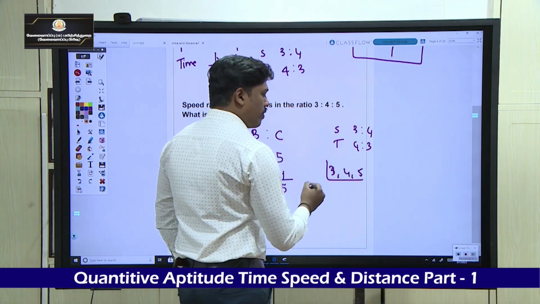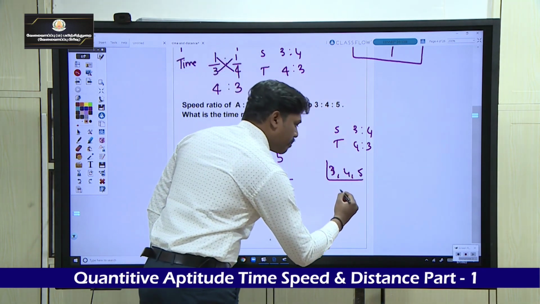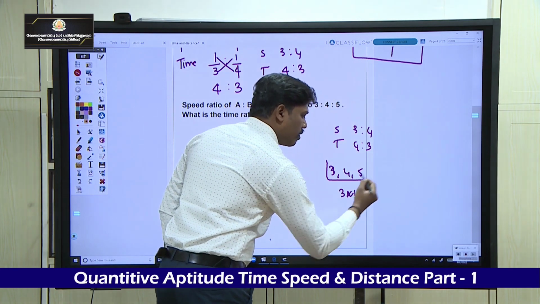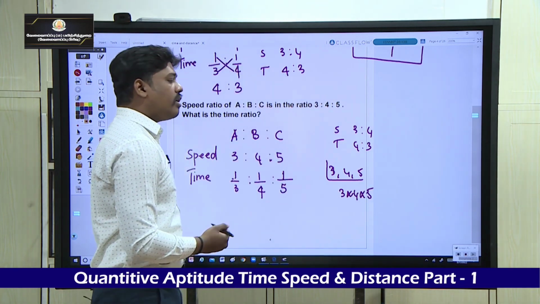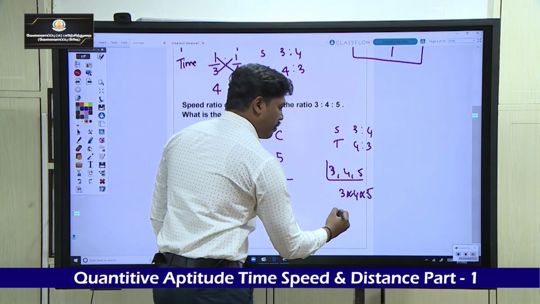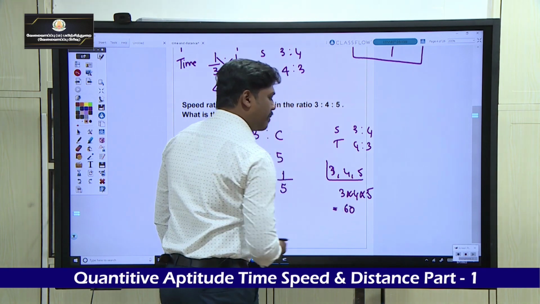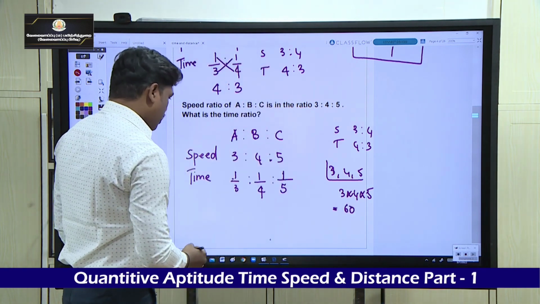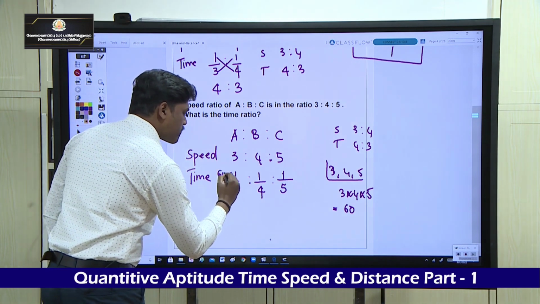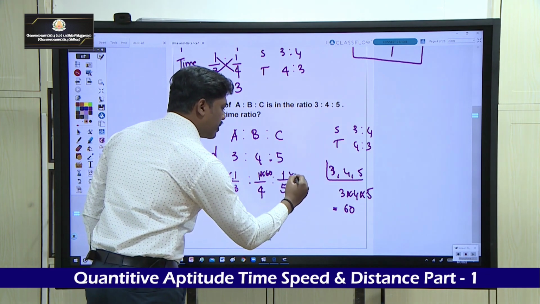How will you find it? For consecutive numbers, if you are going to find the LCM, just multiply the numbers. 3 into 4 is 12, into 5 is 60. So the LCM is 60. Multiply 60 for each term.